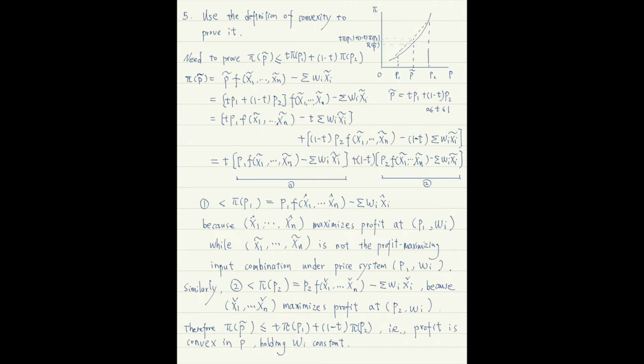For the next question, we can use the definition of convexity to prove it. Here we are holding input price W constant. The key is that under a certain price system, there's only one input combination that can maximize profit.